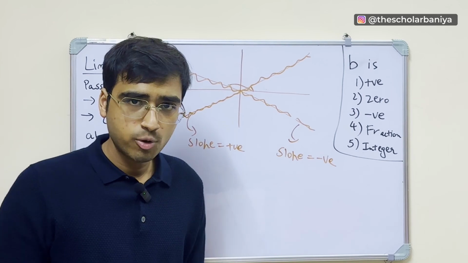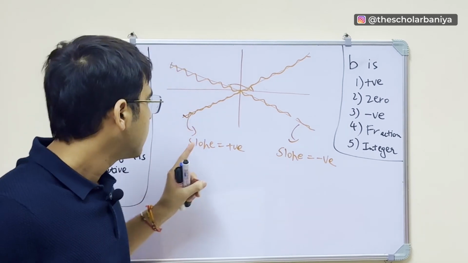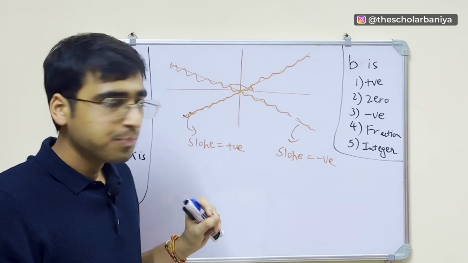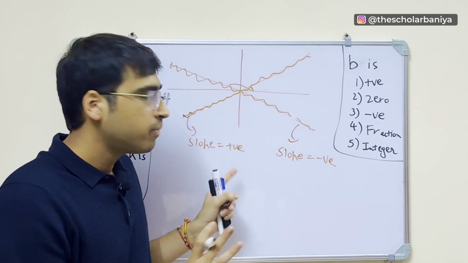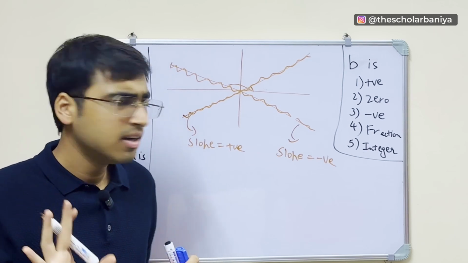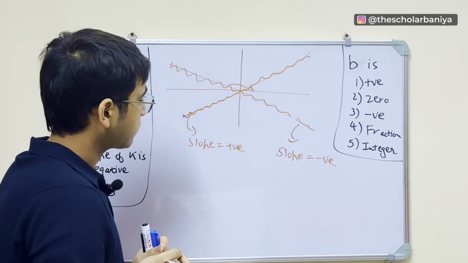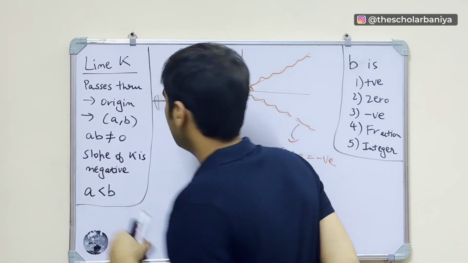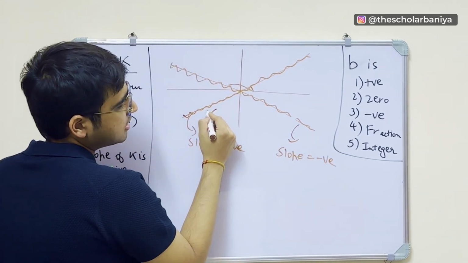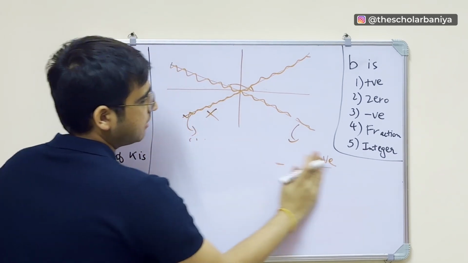I've explained this before, in the previous videos: if the angle is acute, the slope will be positive. If the angle is greater than 90, the slope will be negative. For simple understanding, right? But we are given that the slope of the line is negative, right? That means we cannot take this line. This is the only possible line with the slope negative, right?